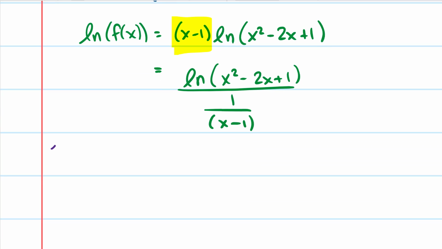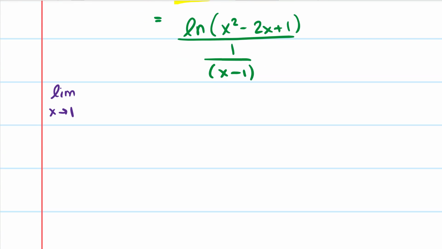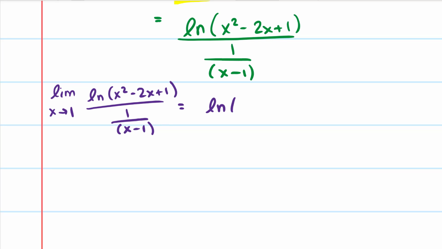So now we can take the limit as x approaches 1 of ln of x squared minus 2x plus 1 divided by 1 over x minus 1. This gives me ln of 0 divided by 1 over 0, which gives me negative infinity over infinity. Now that I have this, I can apply L'Hopital's rule.